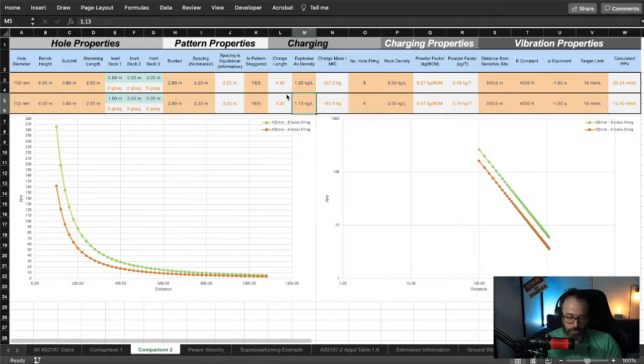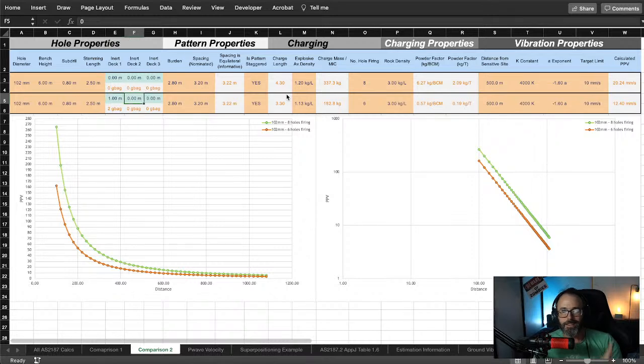Wow, this is getting good. We've reduced the length of the charge by putting in the inert deck, so we've mitigated it by spreading out our charge. So we're still doing a lot of the same work. Let's say we are going to put in an air deck at the top of the blast hole, so we can increase the stemming a little.